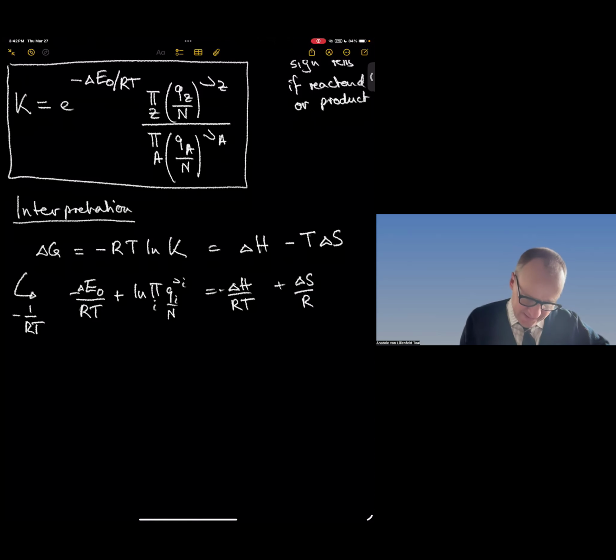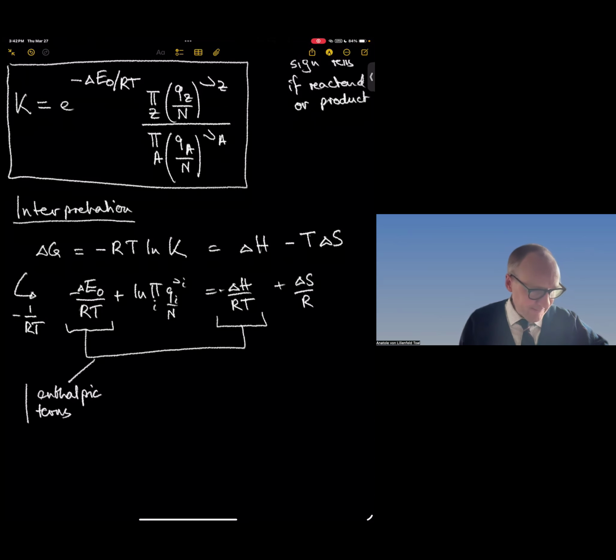And so this is now very clear what these terms are referring to. These two guys are the enthalpic terms, and these two guys are the entropic terms.